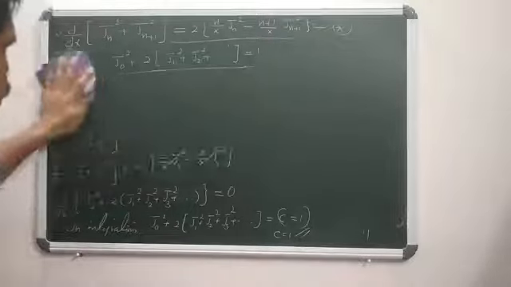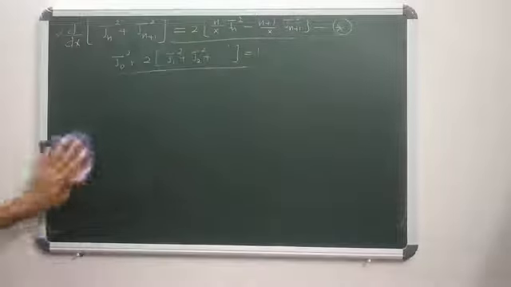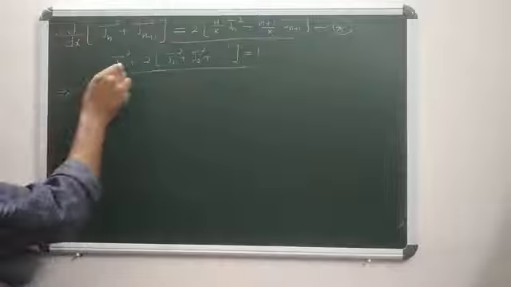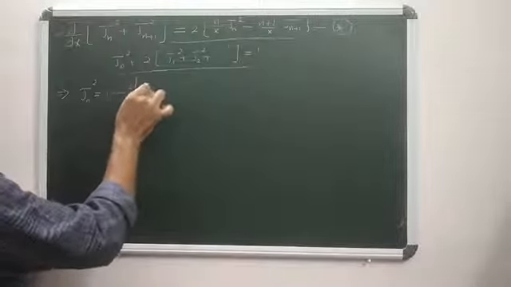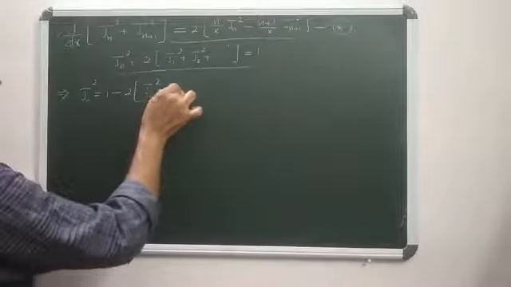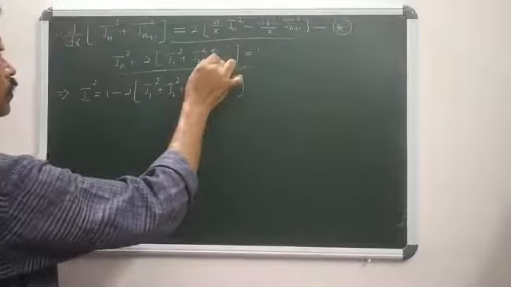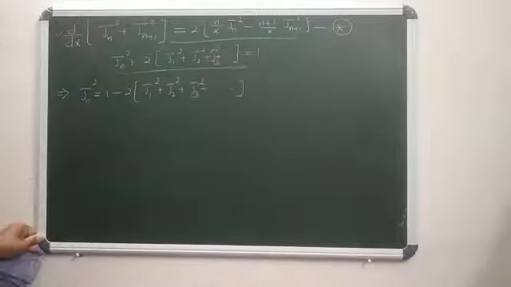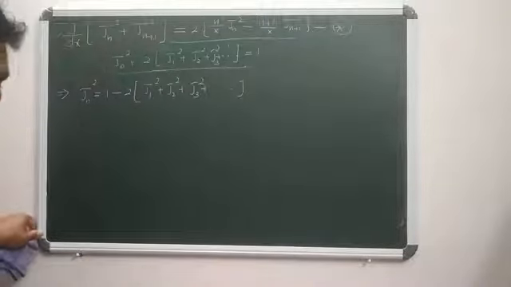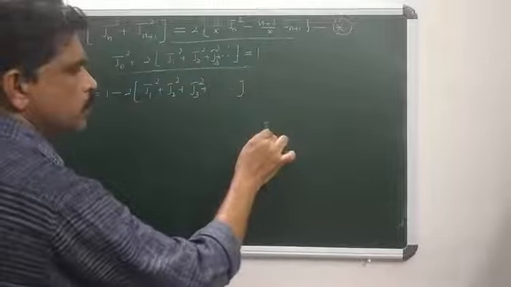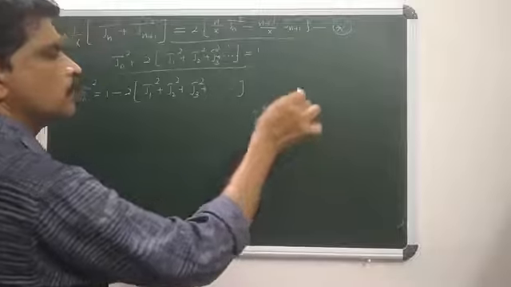So now consider this relation, J0 square plus this one. This can be rearranged as, what is J0 square here? J0 square is 1 minus 2 into J1 square plus J2 square plus J3 square plus etc. So all Jn x square, either they are positive or 0.